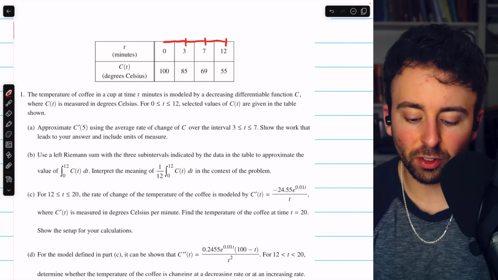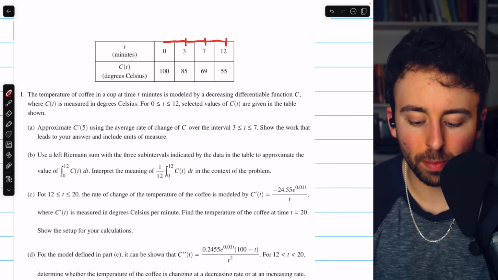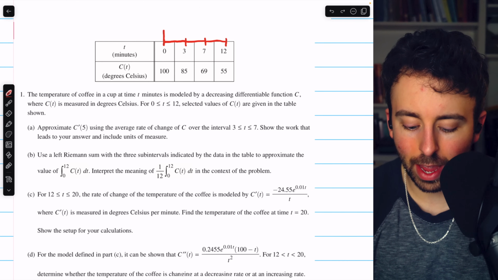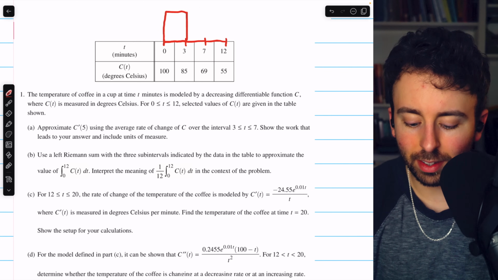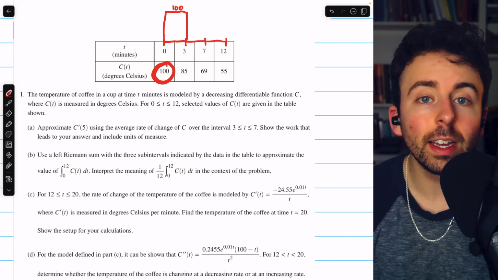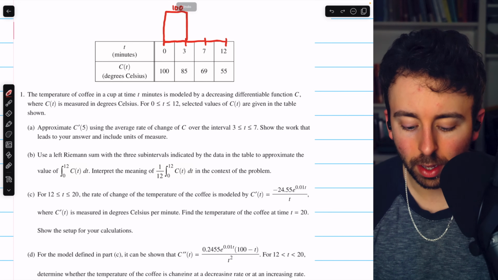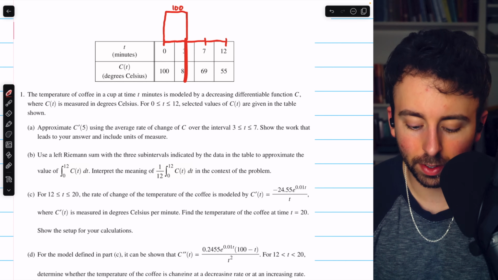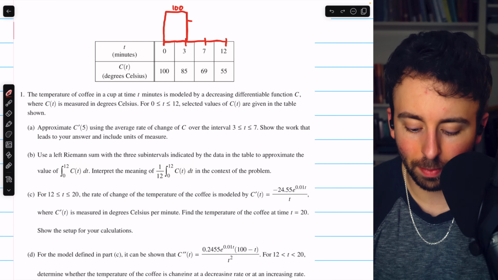Now let's just sketch these rectangles that are making up the Riemann sum. This rectangle from 0 to 3 is going to have a height of 100, because this is a left Riemann sum, so we use the left endpoint to determine the height of the rectangle. The next rectangle has a height of 85, because that's the left endpoint. So maybe that looks something like this.